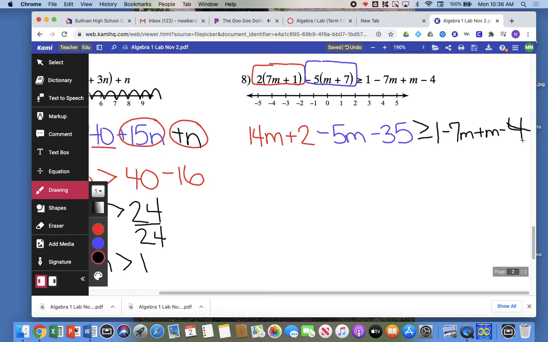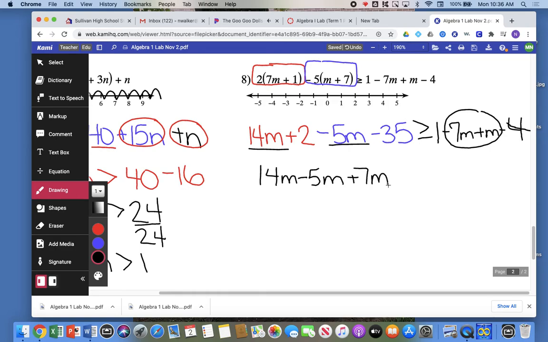Now, how many m's do you see here? I see 2 on this side, so I'm going to bring those down. Now, how many am I moving over? 2. What happens to the minus 7m when I move it over? Plus 7m.